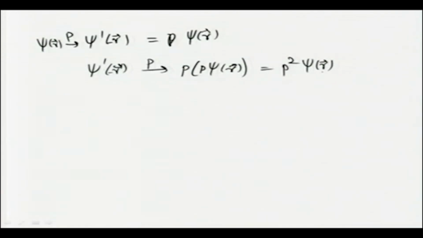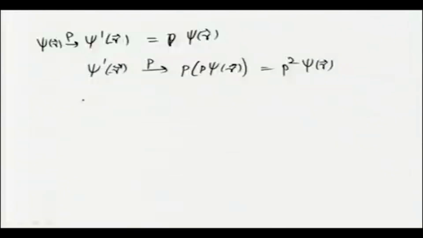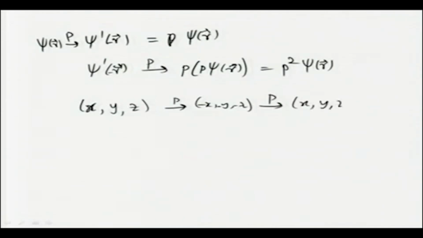But what did we do? We first inverted the coordinates, and when we apply the parity operation again, we invert it again. So, applying the parity operation twice will bring x, y, z to minus x, minus y, minus z, and applying it again will bring us back to x, y, z.